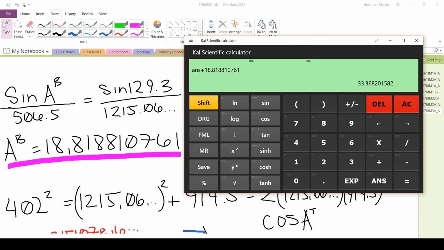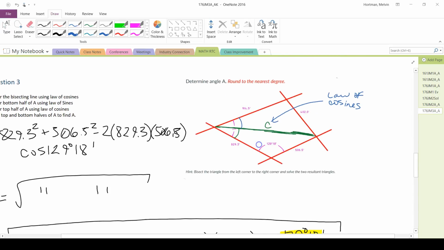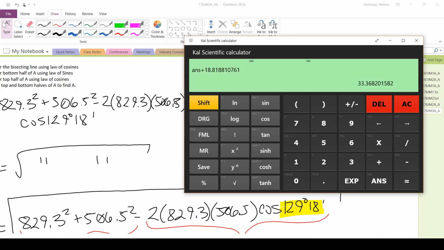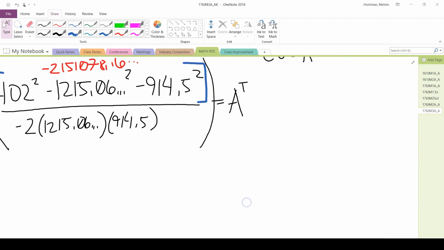And we get 33 something. Let's see what our sig figs were. Round to the nearest degree. So we get 33 degrees at the end of this long thing.